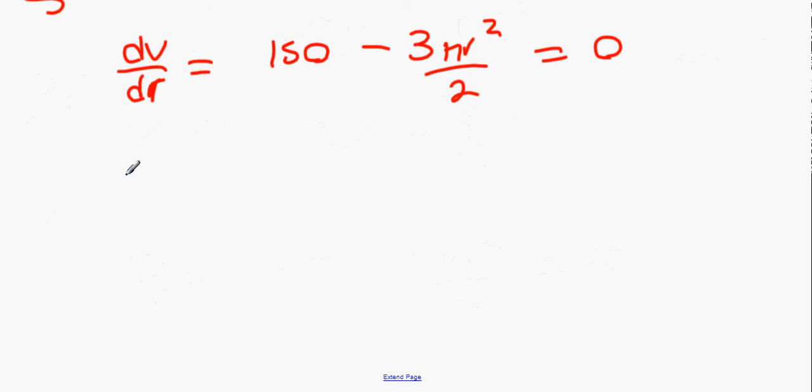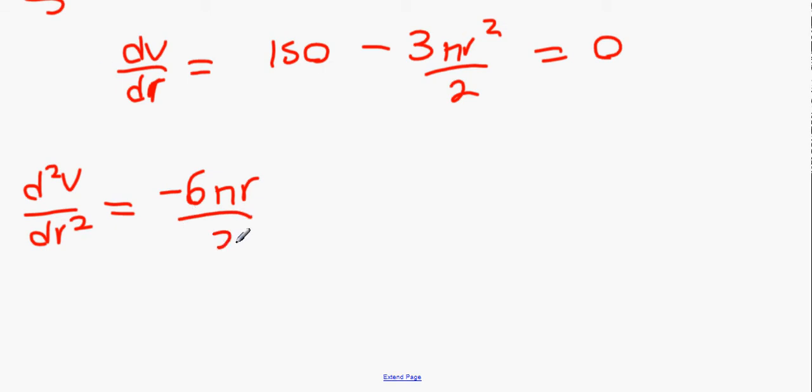Now, while we're here, we might as well do the second derivative to verify it's a maximum. The 150 disappears, and we multiply by 2 again, so we get minus 6 pi r over 2, which is minus 3 pi r. Radius always has to be positive, so this is less than 0, hence it's a max.